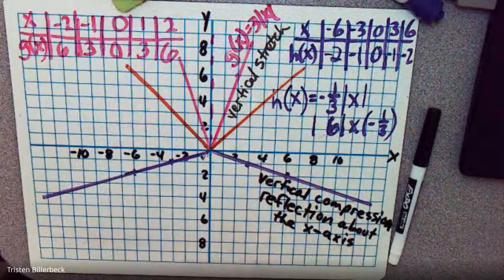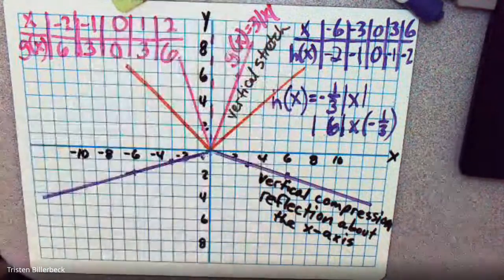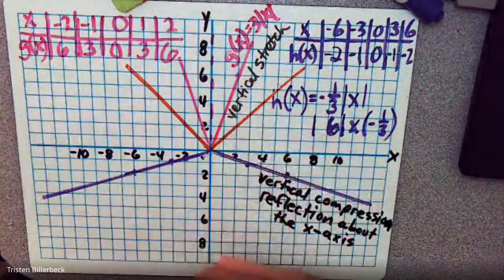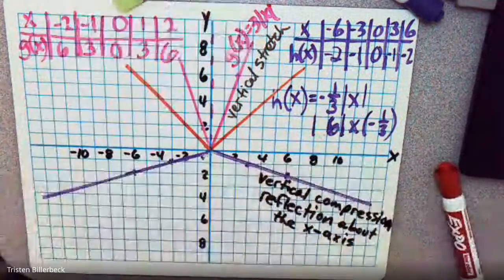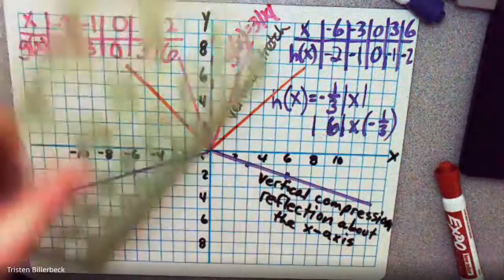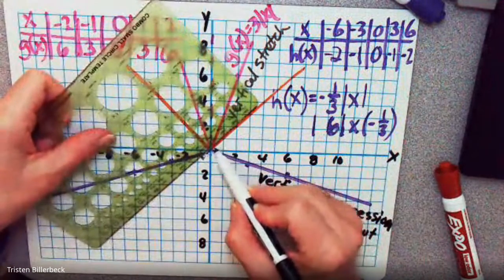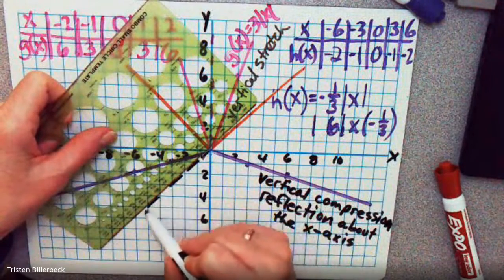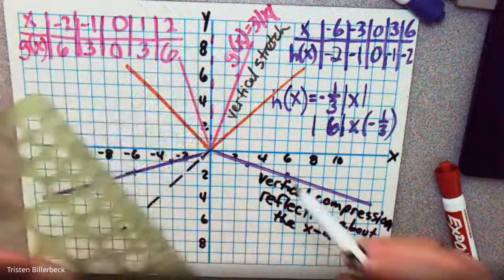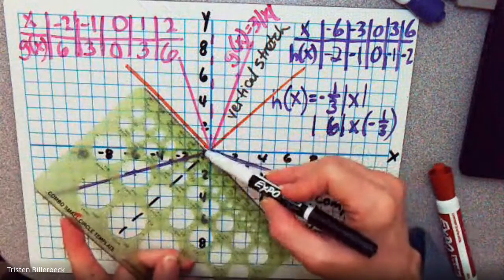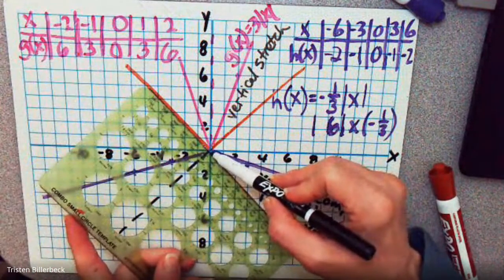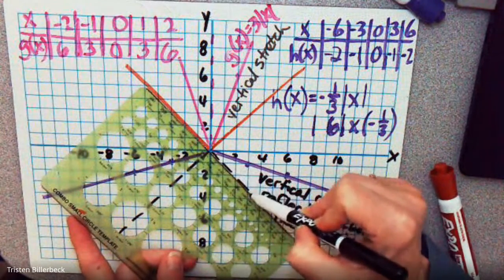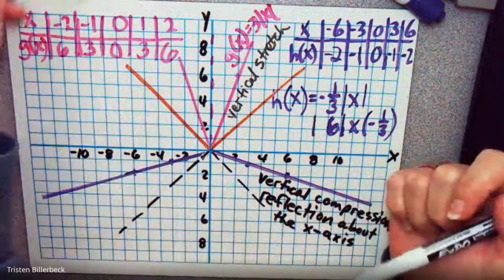We can see we're stretching away from the parent here and compressing. If the parent had been reflected down here, which let's show the reflection. Because it's an absolute value, the parent never goes negative, but when we modify it and add negatives, then it would be where these dotted lines are.